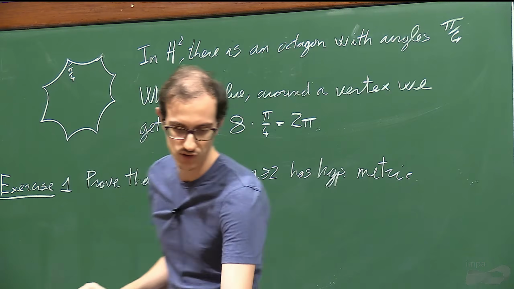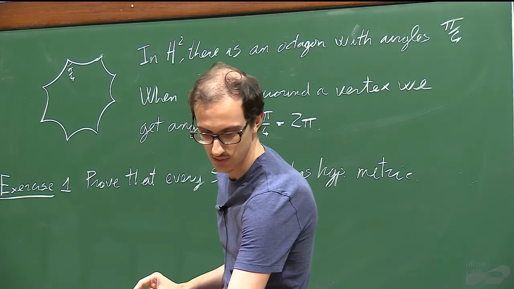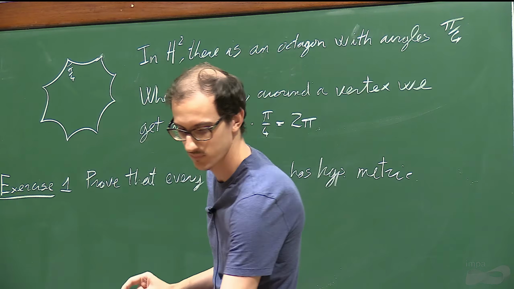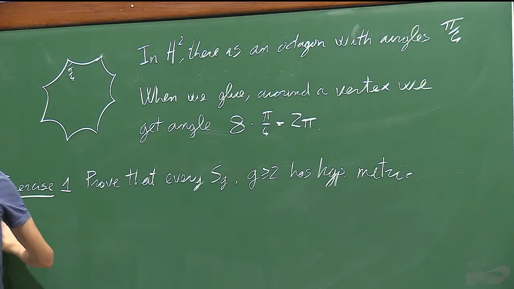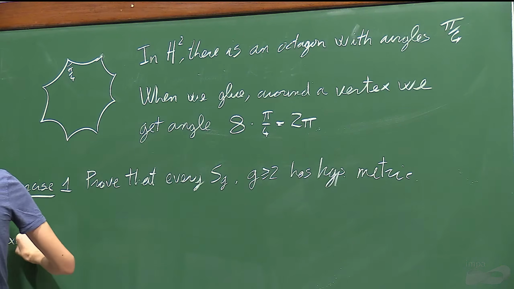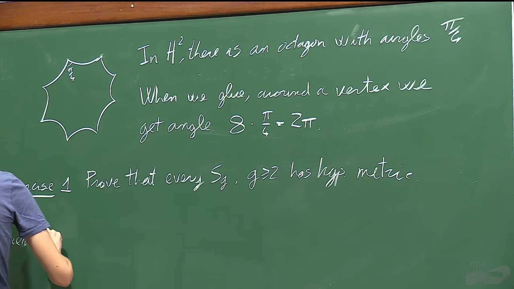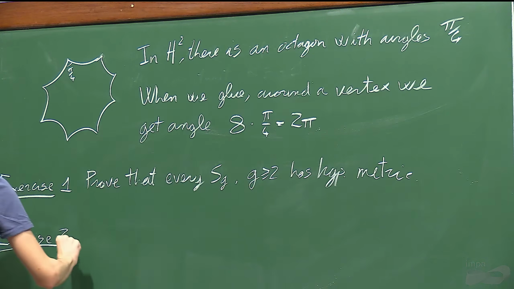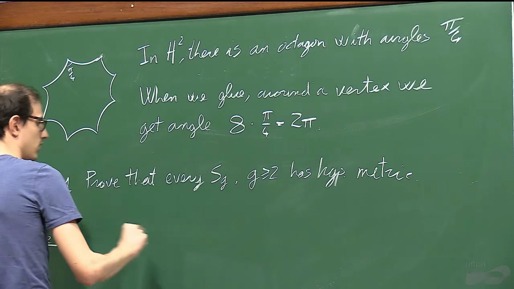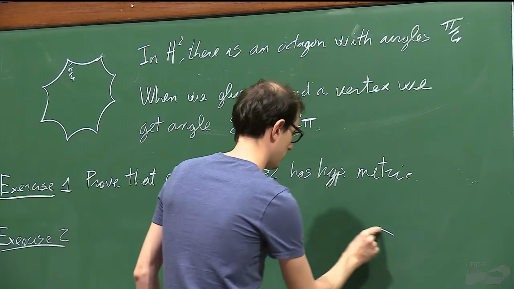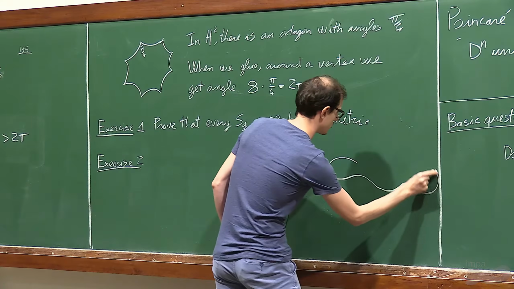And maybe exercise 2, which is a bit less direct. So we draw a genus 3 surface.